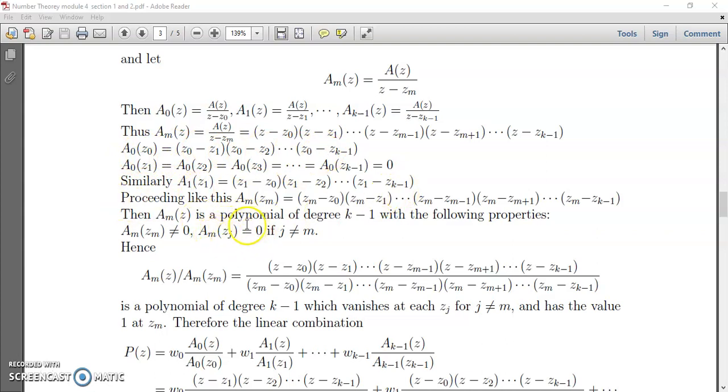And also a_m of z_j, if j is not equal to m, we can see that all these terms are 0.